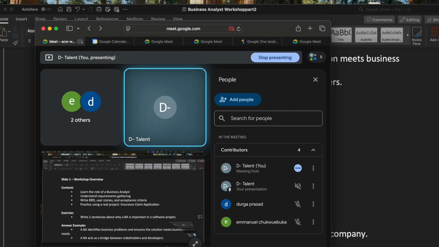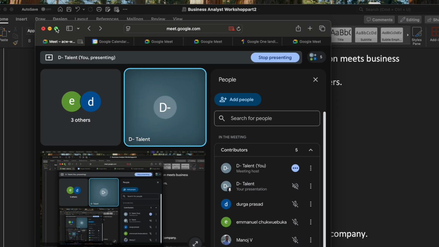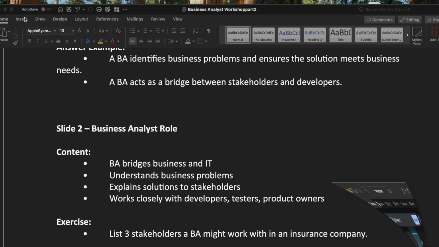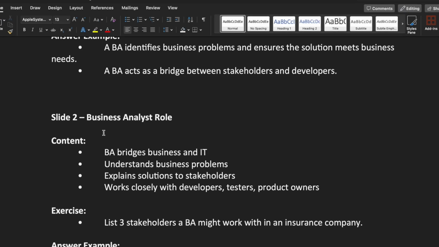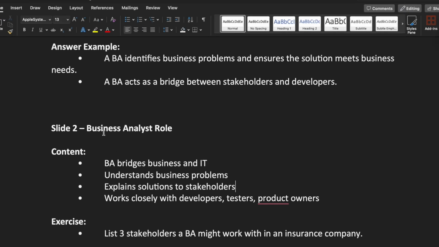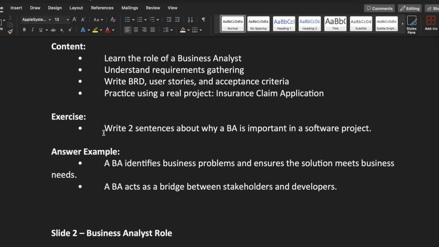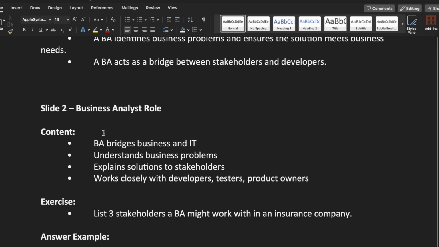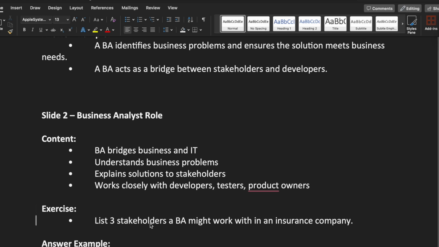So we are continuing. The question for you here: list three stakeholders a BA might work with, in whatever your domain. I put insurance as an example. Can you list three stakeholders in the domain you are going to work?